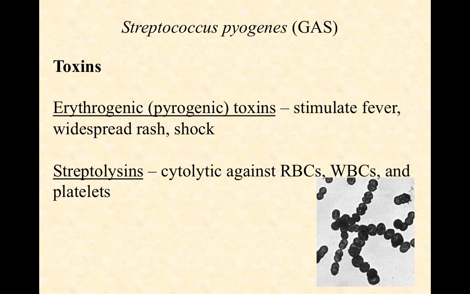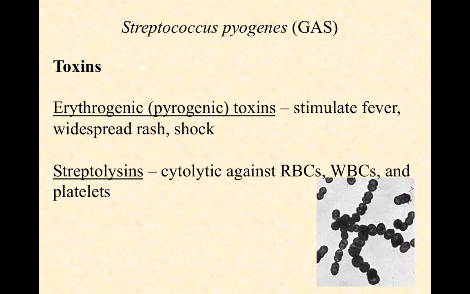The first are called the pyrogenic toxins. Pyrogenic as in heat producing, they stimulate fever always. These are also sometimes referred to as erythrogenic, as in generating a redness, because they also often cause widespread rash. These pyrogenic toxins are responsible for streptococcal toxic shock. It can be a pretty scary infection.